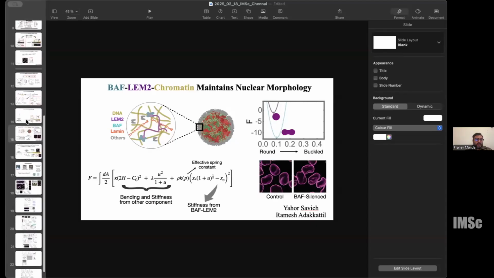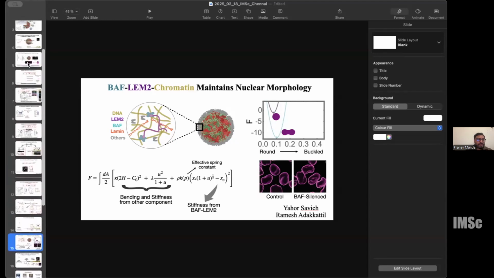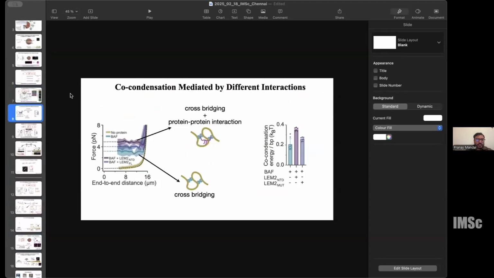Regarding your second question, you are correct. If you see this slide, these co-condensates are not forming due to individual protein interactions. The first protein that interacts is BAF, which cross-bridges the DNA and provides the platform for these co-condensates, because LEM2 on its own cannot bind. Then comes LEM2, so it is a hierarchical order of interactions.